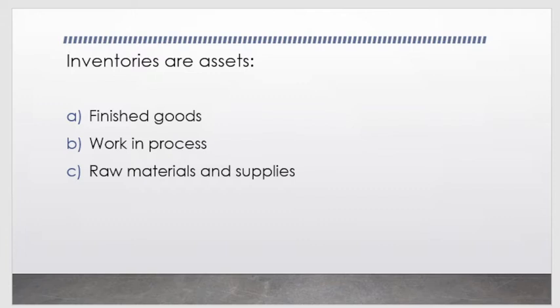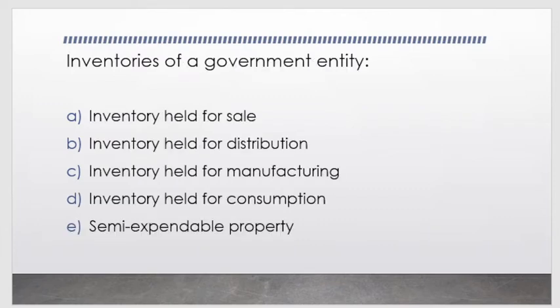So in government accounting, we will encounter items such as inventory held for sale, inventory held for distribution, inventory held for manufacturing, inventory held for consumption, and the semi-expendable property.